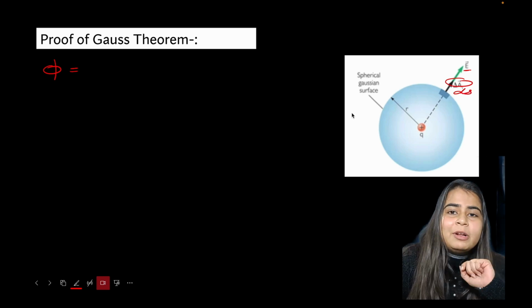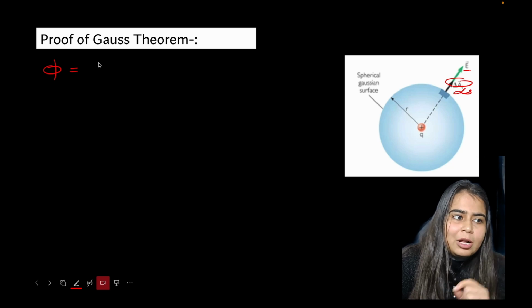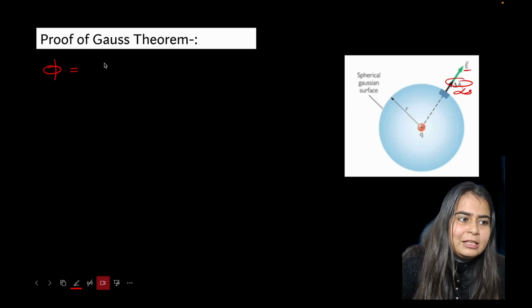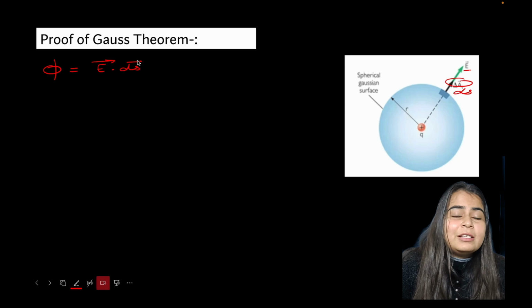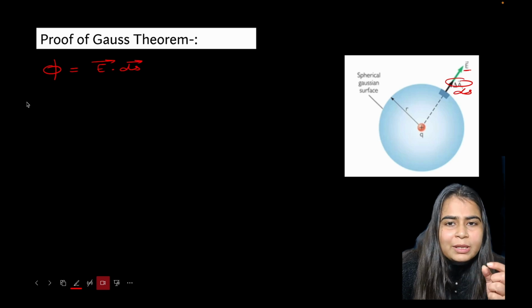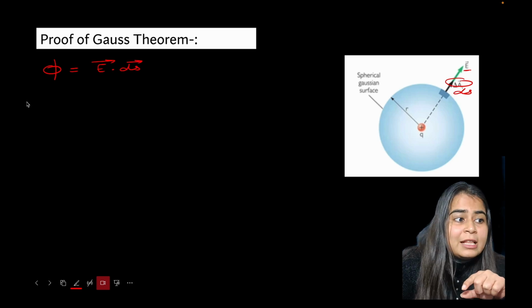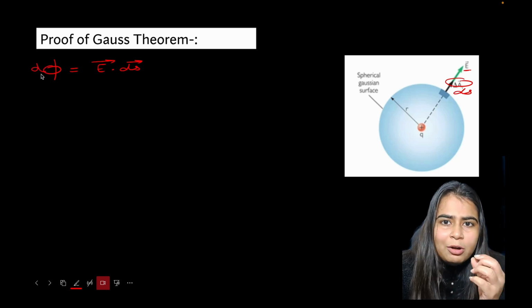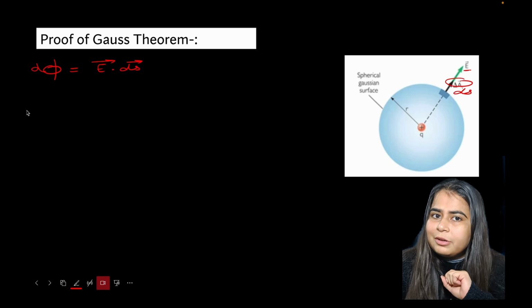So what will be the flux associated with this small surface? Can I write it like this: E dot ds? This is the flux associated with such a small surface, so I can write it as d phi.